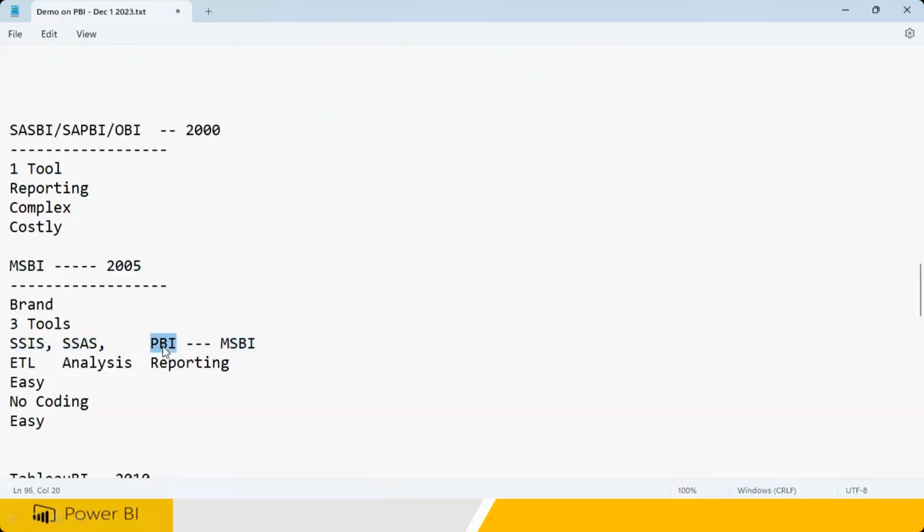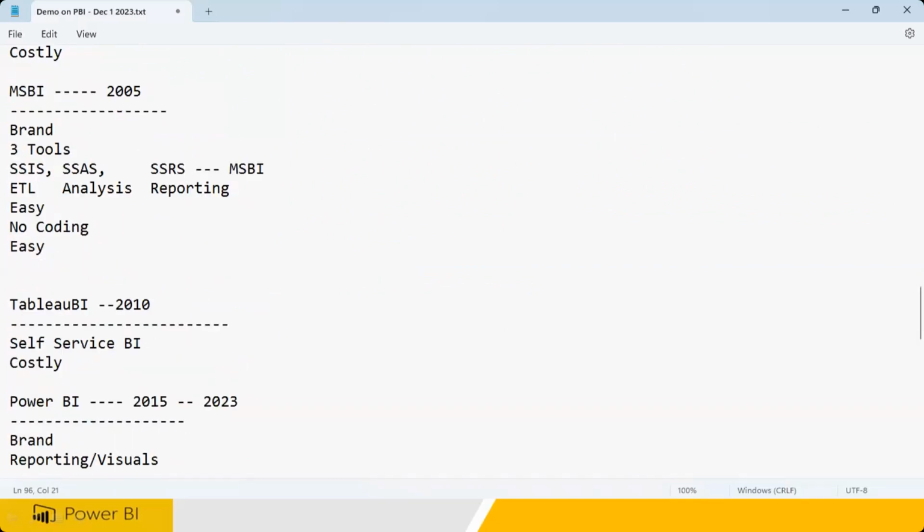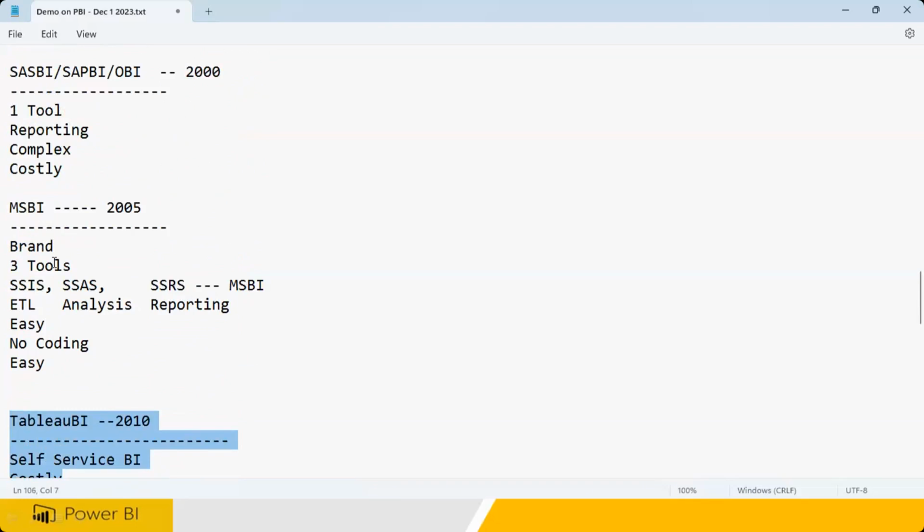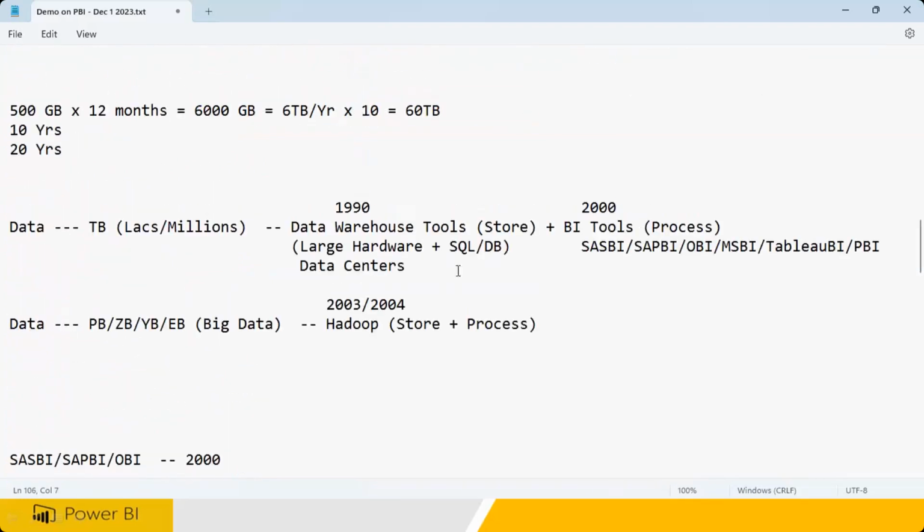These three tools are called MSBI, and later we got Tableau BI in 2010. Then Power BI got released in 2015, right? Today, Power BI is in the first position, not Tableau or MSBI or any other BI. Now Tableau BI is also gone, and Power BI is leading.